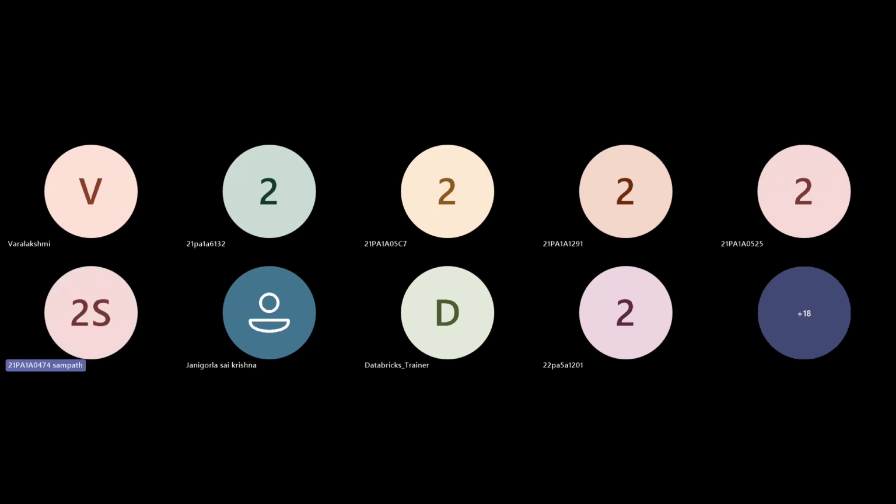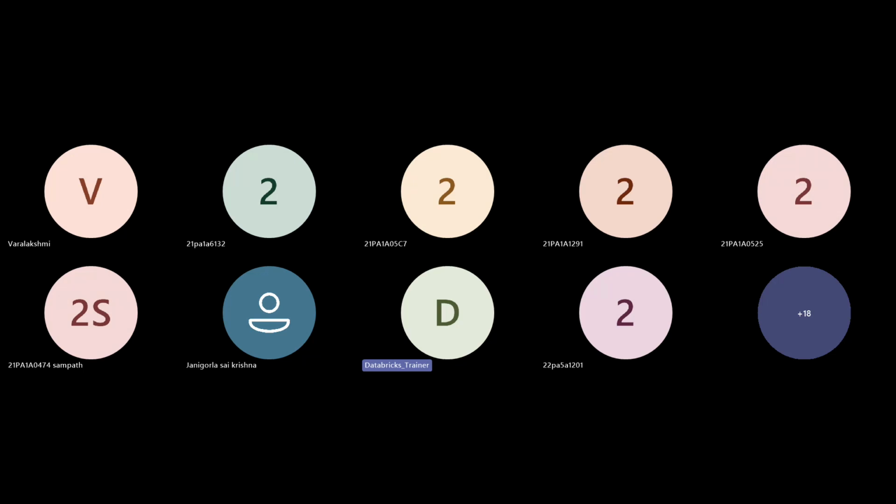In narrow transformations, shuffling is not required. Whereas in wide transformations, shuffling is required. Good, Sampath. That is a clear and straightforward answer. In narrow, we don't require shuffling, and in wide, we require shuffling.